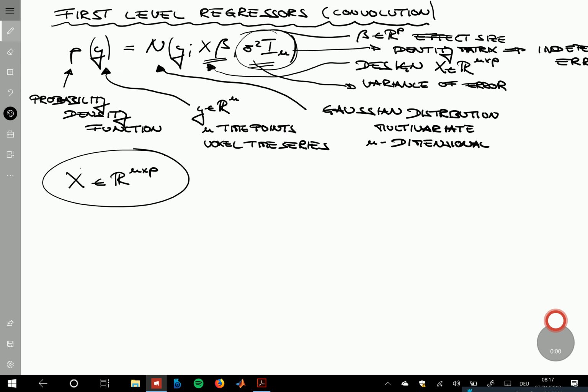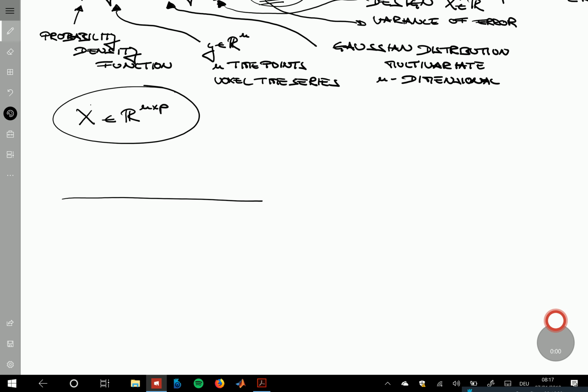No? Maybe I try to remind you of something. So do you remember these kind of stick functions? What were those? How did we call them?